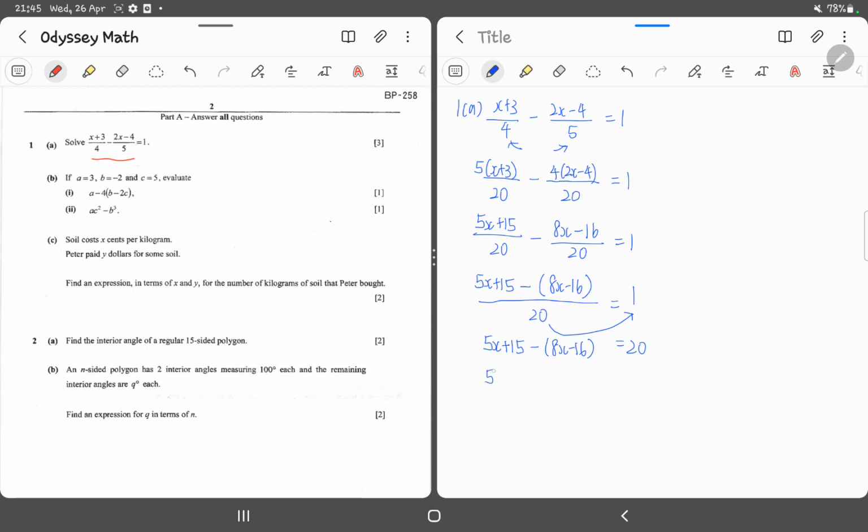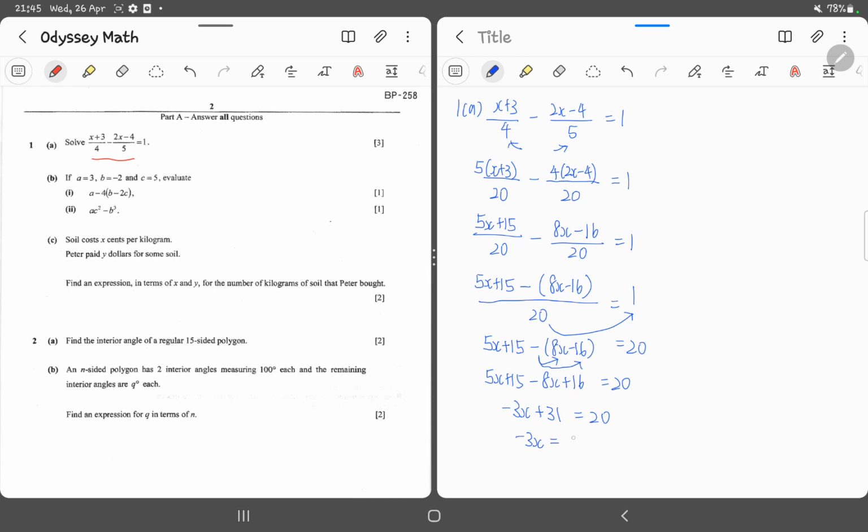On the left hand side is 5x + 15. I bring the minus in, minus 8x, and then minus 16 becomes plus 16, equals 20. 5x minus 8x is minus 3x, and 15 plus 16 is plus 31, equals 20. Minus 3x I keep here; the 31 I bring over, becomes minus 31.